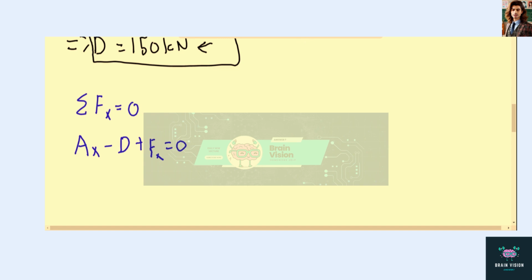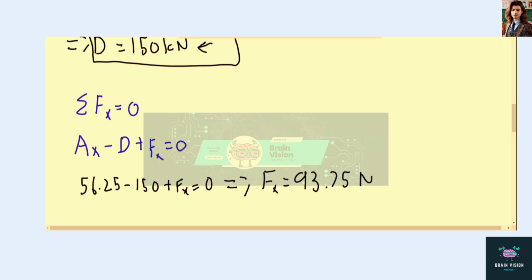And we can plug in the known terms, set it equal to 0 and solve for the unknown F of x. So we get that F of x is equal to 93.75 kilonewtons.